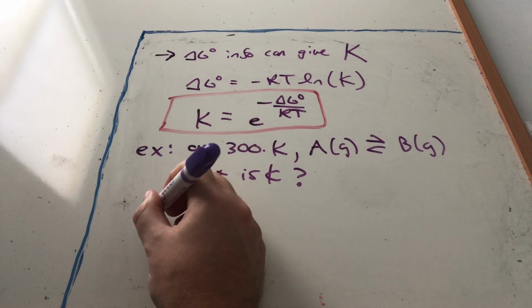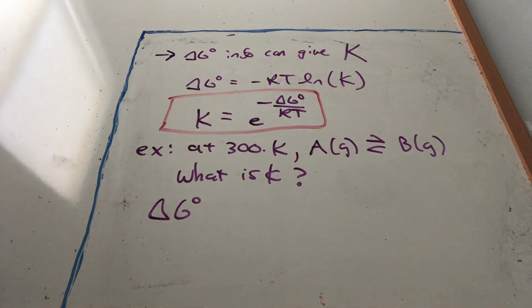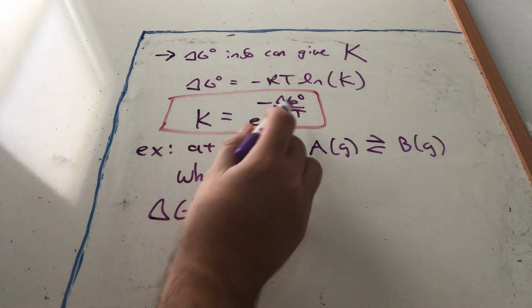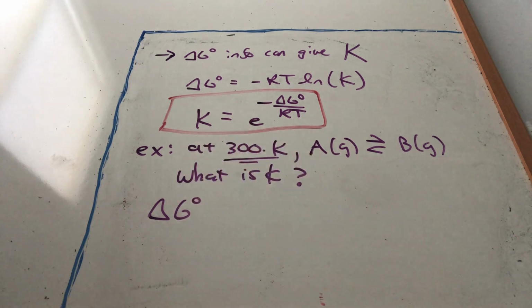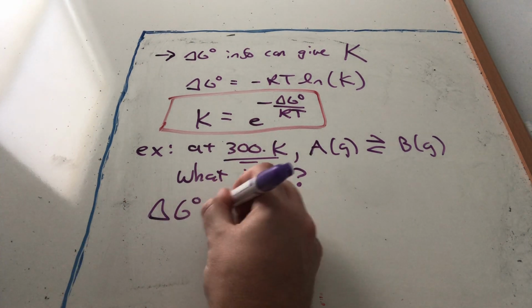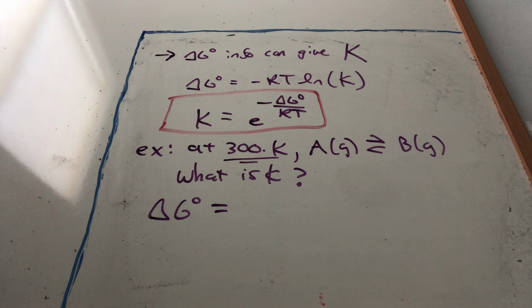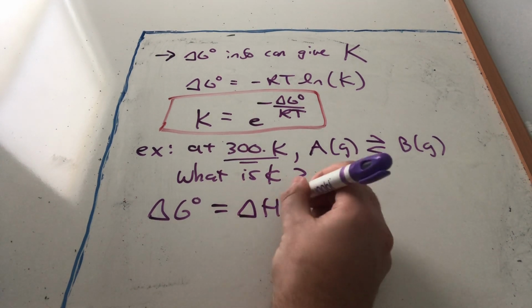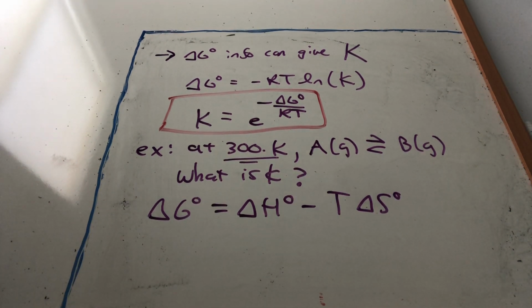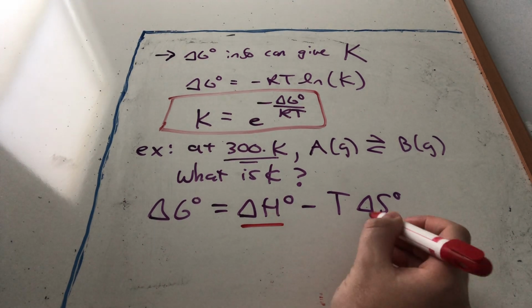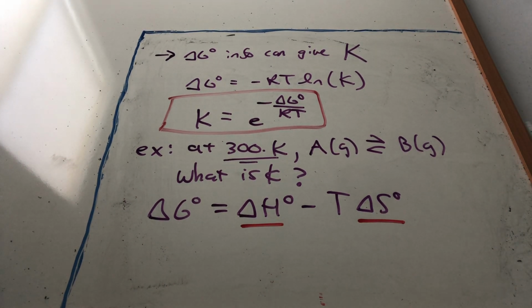What I need is delta G naught, the main component up there. I know what T is, I know what R is, so I have to figure out what delta G naught is. 300 Kelvin is not directly from a table. It's not our 25 degrees Celsius information. So I'm going to have to use delta H naught minus T delta S naught. In our previous example, we gave delta H naught and delta S naught as values, and those values are set no matter the temperature.